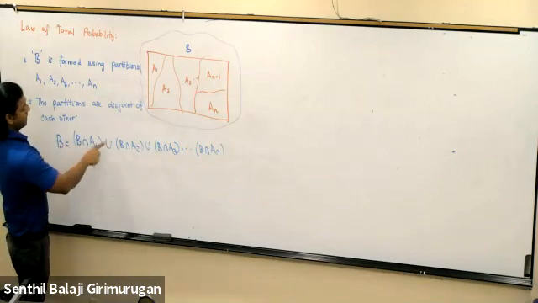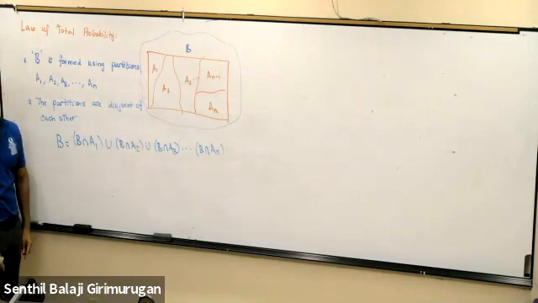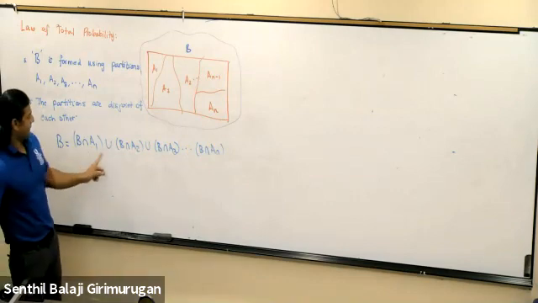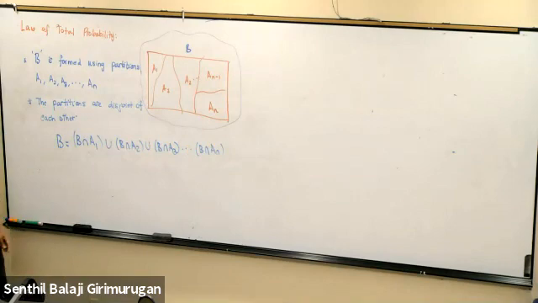Clearly, these would be disjoint also because A1, A2, all the way up to AN, they're all disjoint. If they are disjoint, then these events are disjoint also, so we don't have to worry about putting other things together.